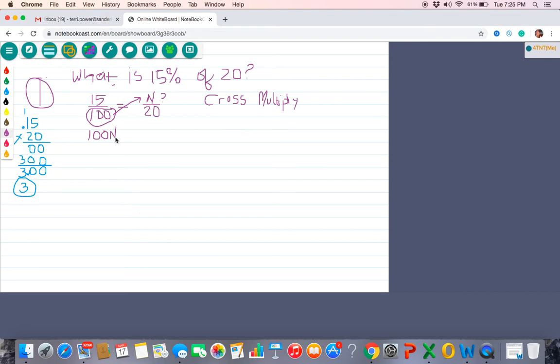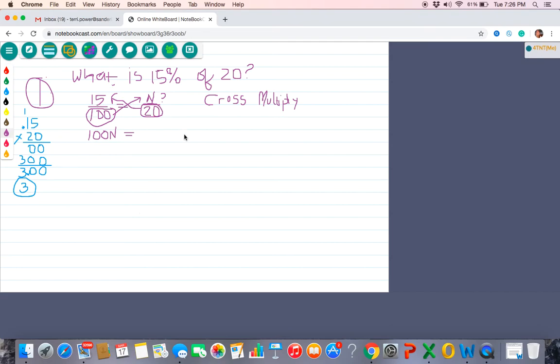There they are, right? 100 times that funny number that I don't know. So I get 100n. And then I'm going to cross multiply here the denominator of the second by the numerator of the first fraction, which is 20 times 15.